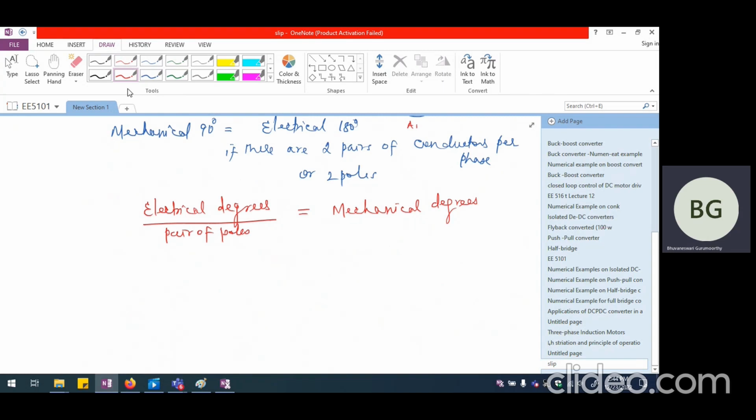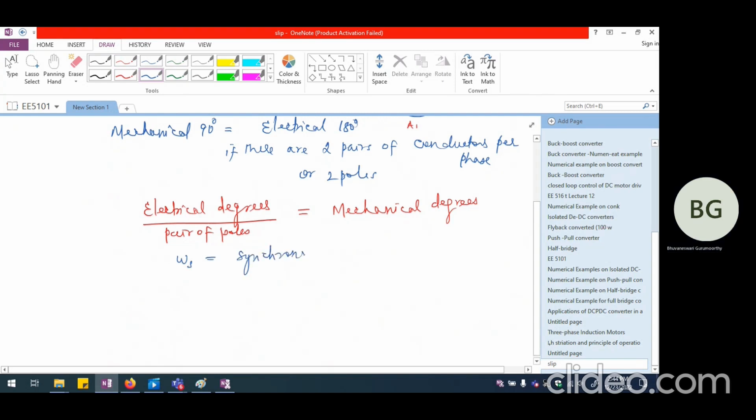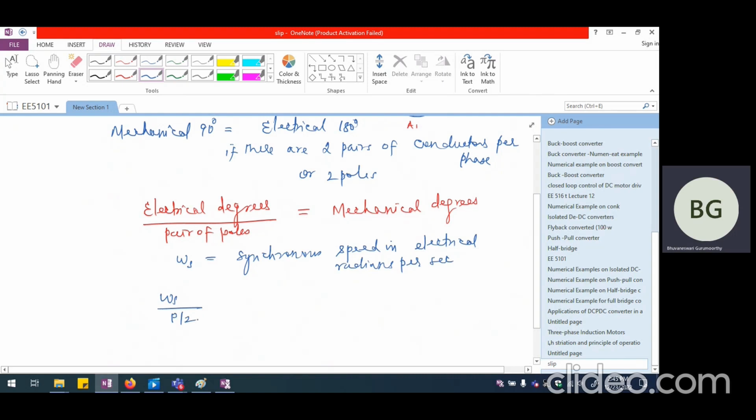So in general, if I say that omega s is the synchronous speed in electrical radians per second, then I should say omega s divided by P by 2, where P is the number of poles.